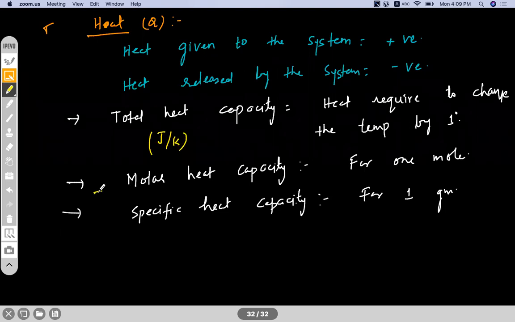So the unit for molar is joule per mole Kelvin, and for specific it is joule per gram Kelvin. This is what we had discussed.